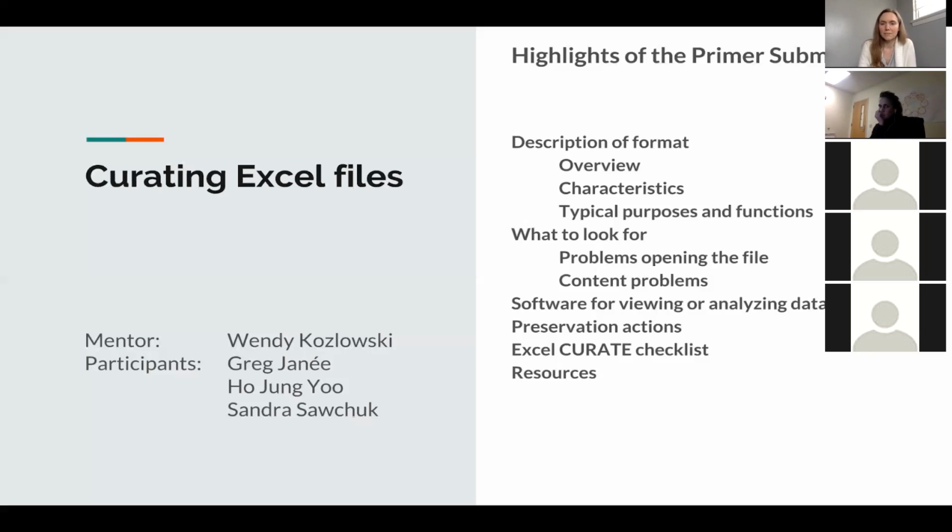Obviously it's a curatorial preservation primer, so we discussed potential actions, and then Greg really brilliantly made us this curate checklist, which follows all the steps of the DCN's checklist. So we feel that we've really learned a lot about Excel, and we hope that we can help you learn about Excel too. Thank you.